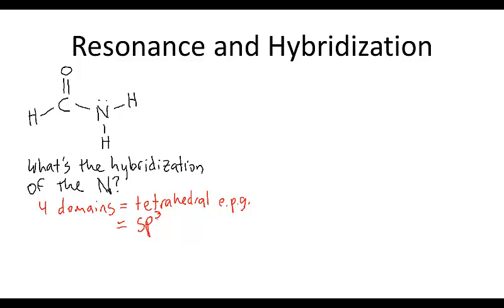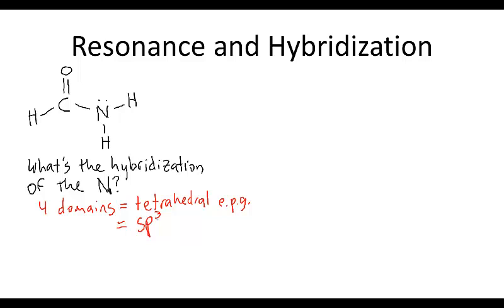Well, the answer is all 3 p orbitals went into the hybridization. None of them were left over. If an atom is sp3 hybridized, it has no leftover p orbitals. So it can only make sigma bonds. It can't make pi bonds.